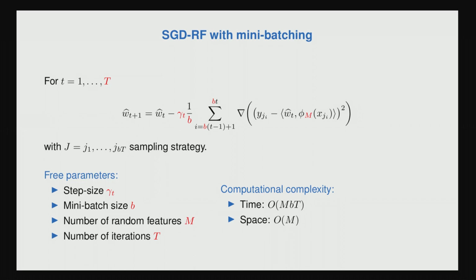So again, if you look at it, the first thing that you may notice and ask yourself is, okay, but what are the free parameters for this algorithm? So I have to choose which step size I take, how big is the batch size that I take, how many random features I want, and for how long I'm going to run my algorithm.